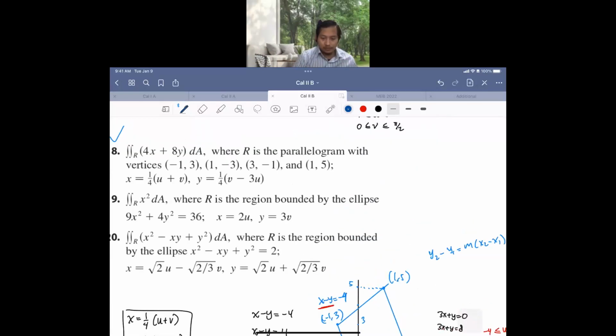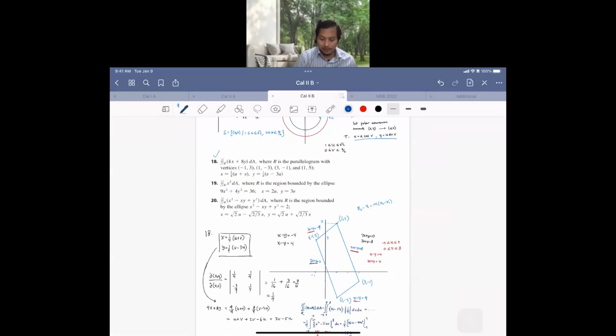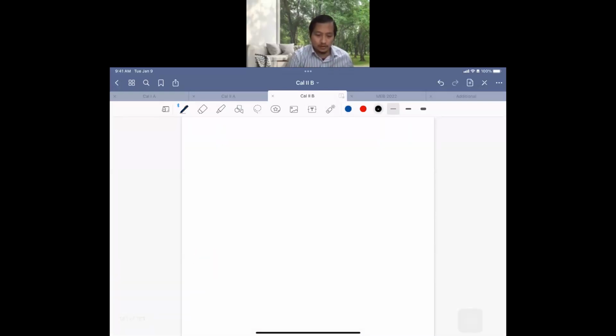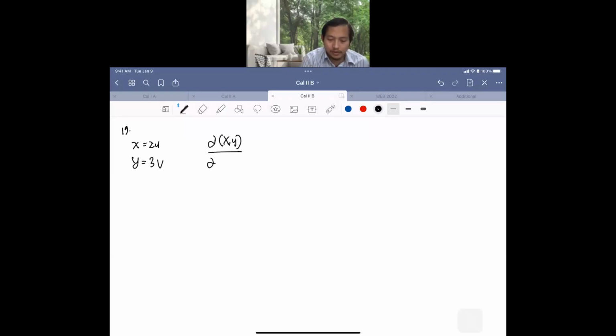Okay, let me move to the next page to give you a closer look. Maybe we start with x equal to u and y equal to 3v, and we can start with the Jacobian first before we construct the transformations.